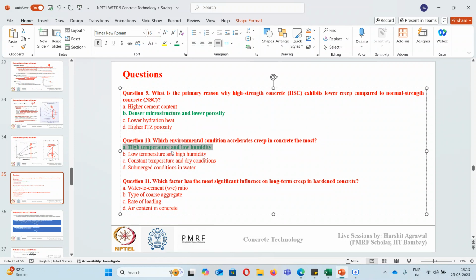Because high temperature will accelerate the moisture movement that is happening, and low relative humidity will increase the drying in concrete, and both of them will increase the creep strain in concrete.